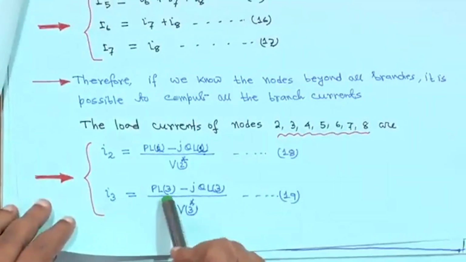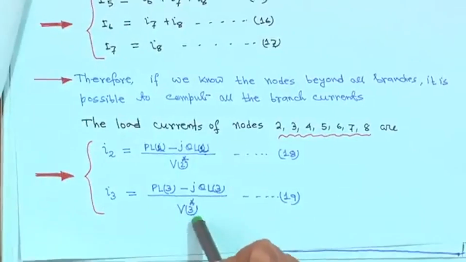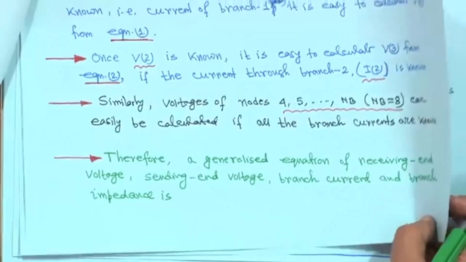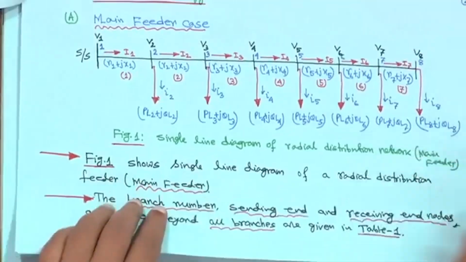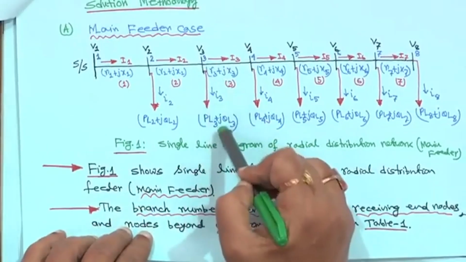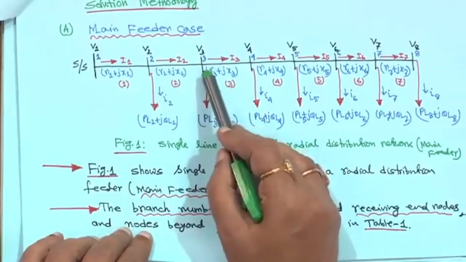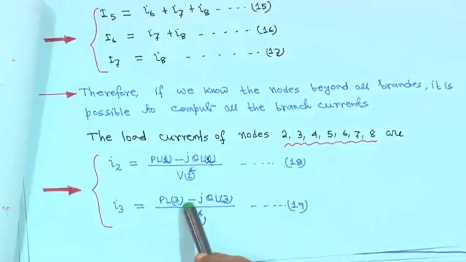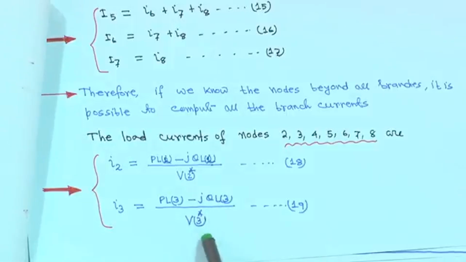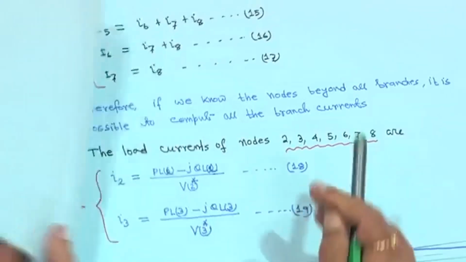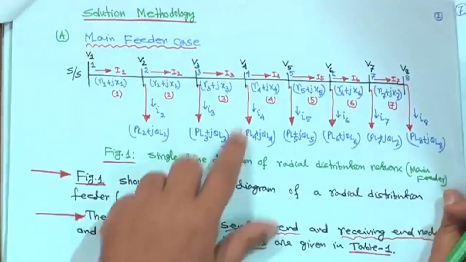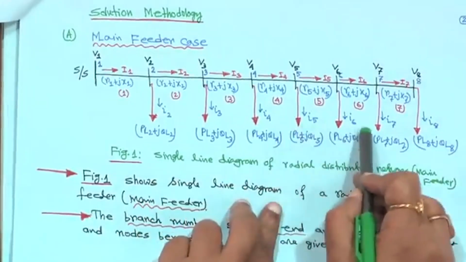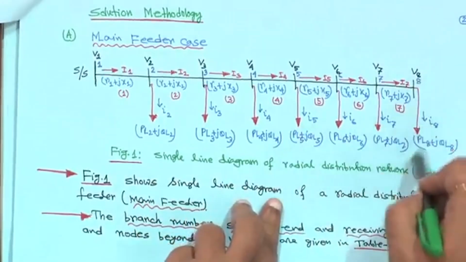So I3 is equal to PL3 minus jQL3 upon V3 conjugate. That means here this load is connected to node 3, V3 is the voltage and I3 is the current. Therefore I3 is equal to PL3 minus jQL3 upon V3 conjugate. This is equation 19. Similarly, all of I4, I5, I6, I7, I8 you can compute.